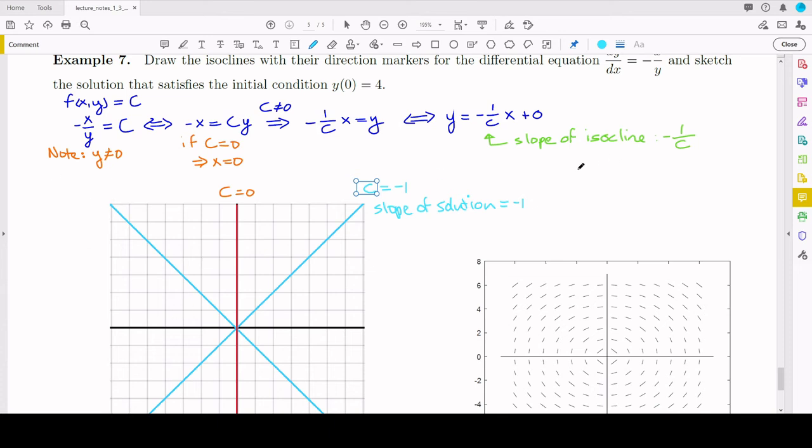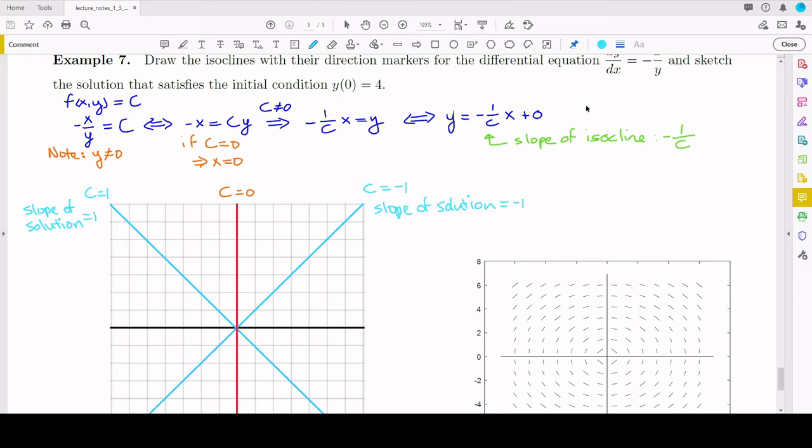And then when c is 1, the slope of the isocline is negative 1 over 1, and so that's negative 1. So c equals 1, that means the slope of the solution equals 1.